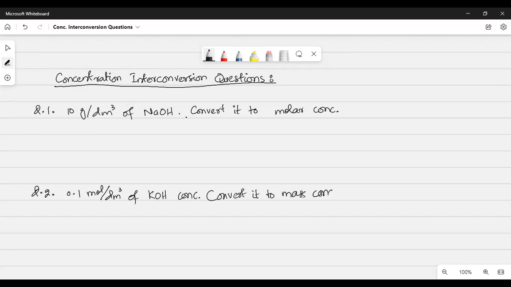So that's about it. You already have the formula, so it should be easy. Just calculate the MR of NaOH or KOH, which you might have already done in the previous one. So this should be easy. Take your time.